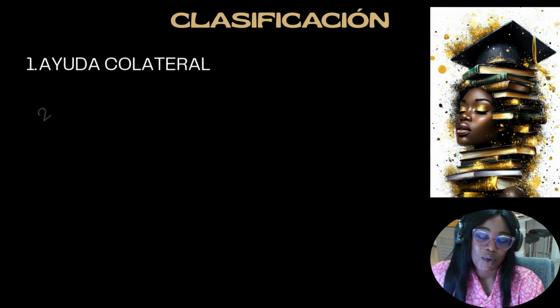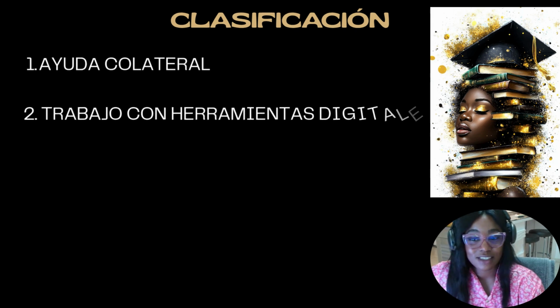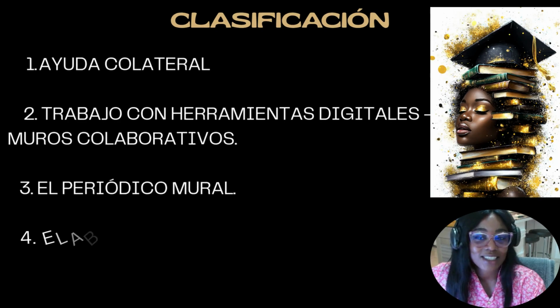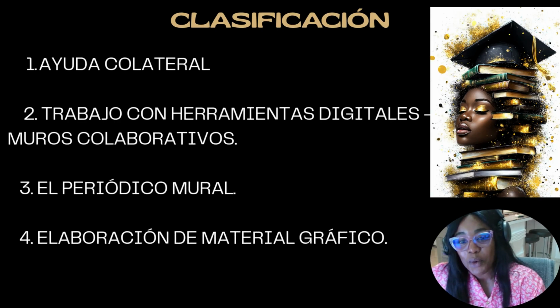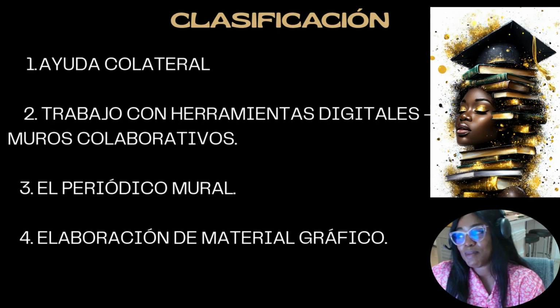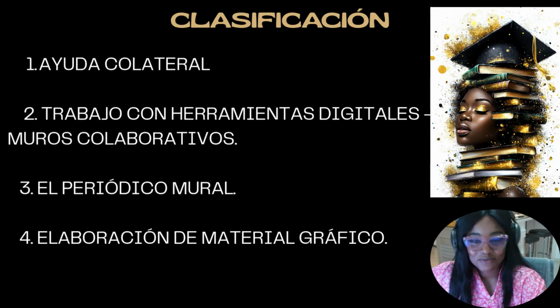We're about to see those strategies in our classification tool, which is in Spanish: ayuda colateral, trabajo con herramientas digitales, periódico mural, o programación de material gráfico. In those cases will be collateral aids, digital tools, bulletin board, and the creation of a graphic material.